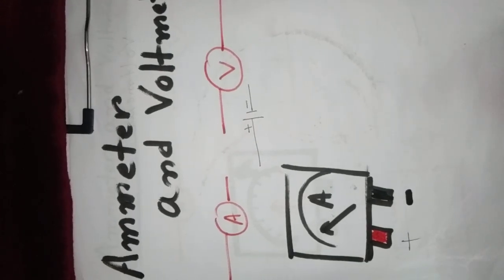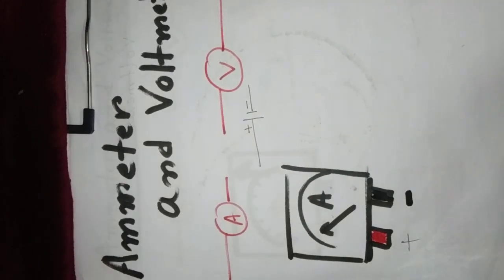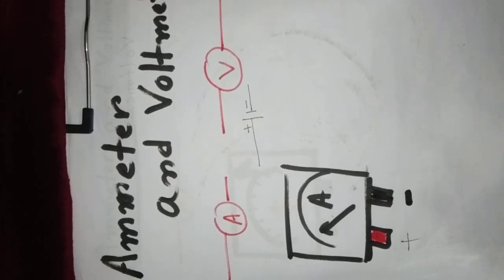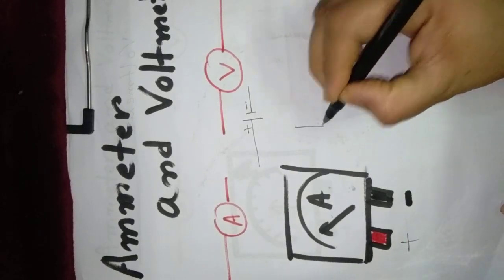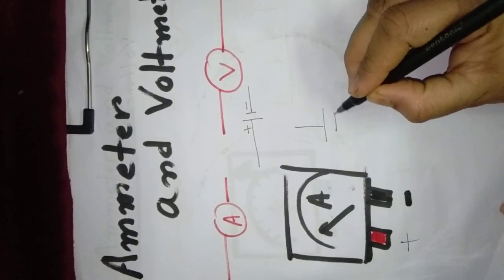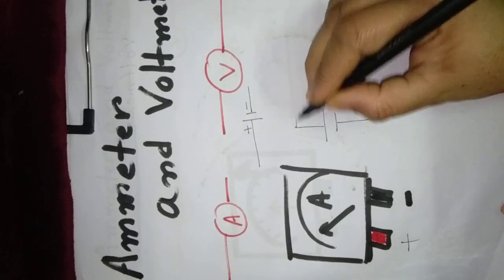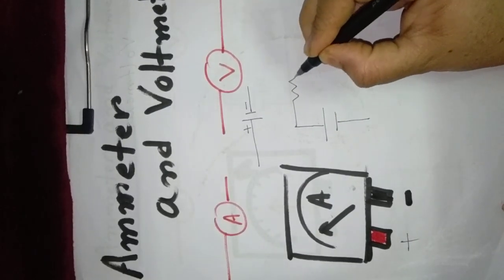The ammeter is connected in any circuit in series connection, and in the ammeter there is also an internal resistance which is very low. As a result, we can measure the whole amount of current very clearly. Let's draw a circuit. For the circuit, I need a battery or cell.